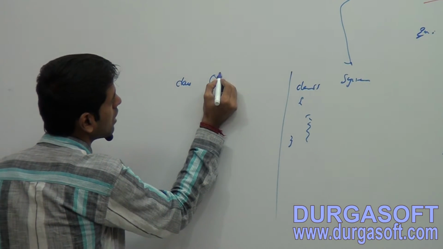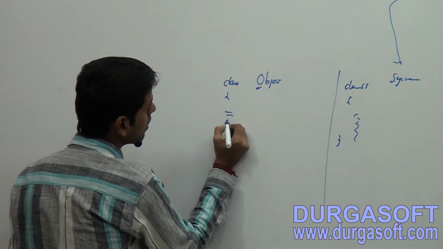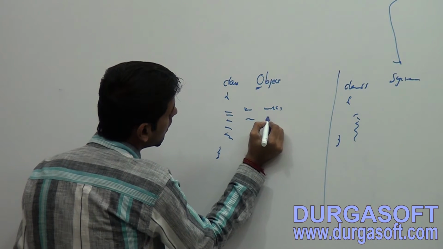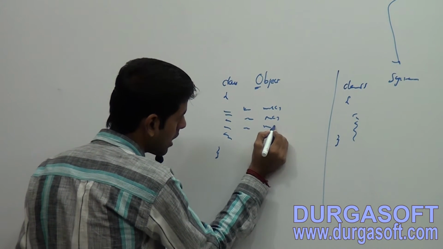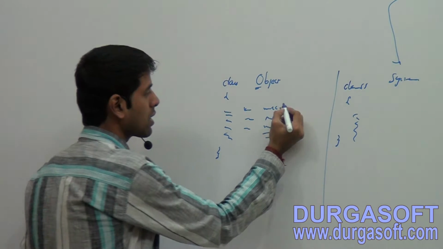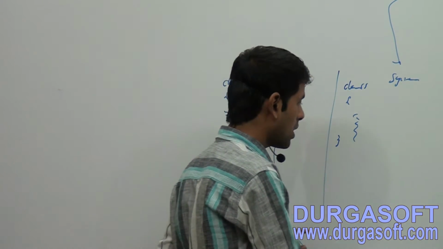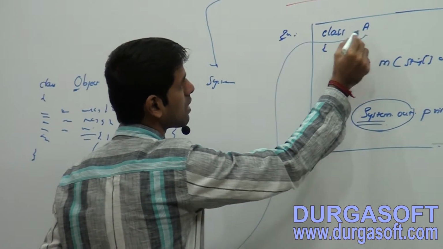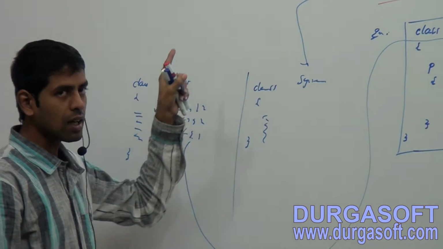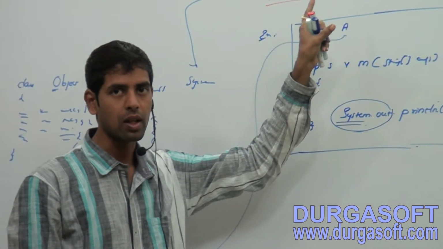We have a class called Object in Java, friends, and it has lots of methods, of course some 12 methods available within this Object class. These method implementations our JVM will use for this class. Even this Object class is available within the lang package only.